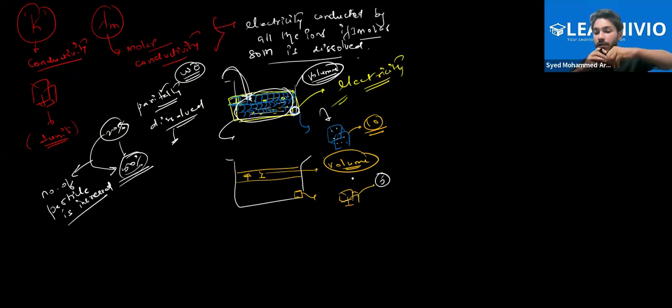Because the particles will be more separated when the volume is increased. So the number of particles enclosed in that unit volume decreases. So 10 to 5 is happening here. So what is happening? My kappa is decreasing, my molar conductivity is increasing.